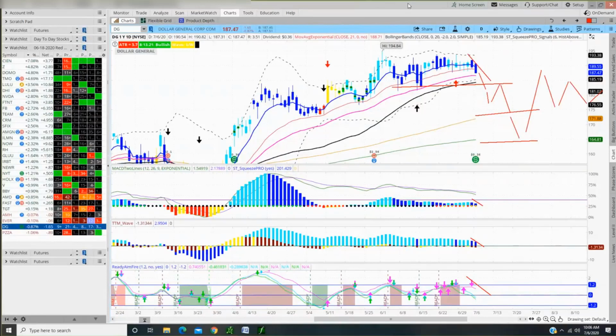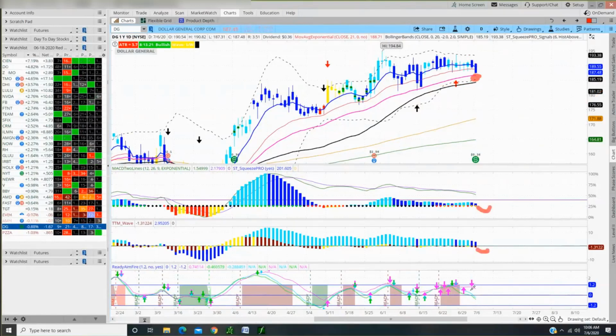So if this pulls down into here, or even here, I'll take it. But when one of these momentums shift, I will be all over this chart. Trend is up, so I'm bullish. Momentum is down.